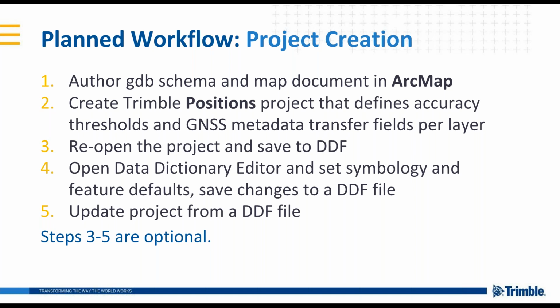You then, as an Esri user, would create a Trimble Positions project that defines what layers you want to use for data collection, what you want the accuracy thresholds of those layers to be. Do you want to set minimum accuracy requirements? And also to define which fields in my feature classes I want to transfer that GNSS metadata back into. And those settings are per layer.